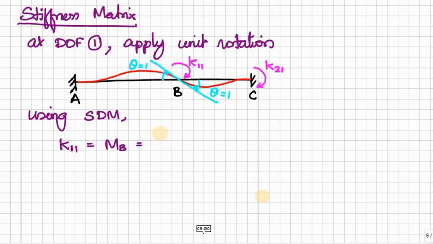Then delta is also 0 here, there is no sway or differential settlement between supports, and there is no fixed end moment, remember, because here we apply only unit rotation, removing all the external loads.